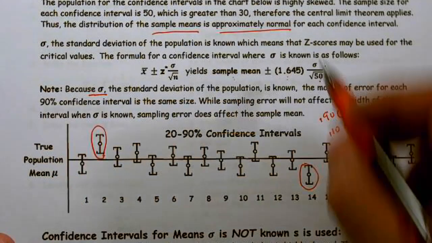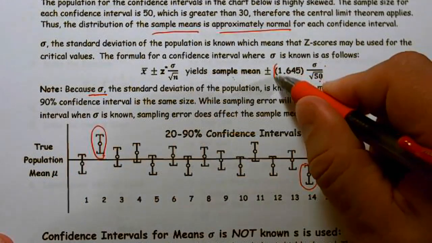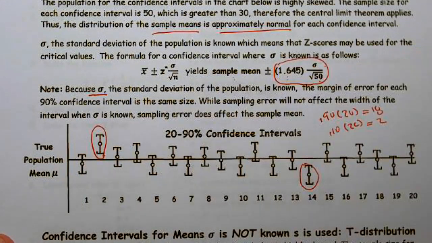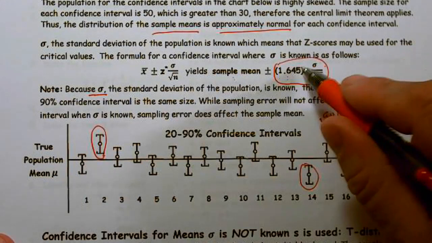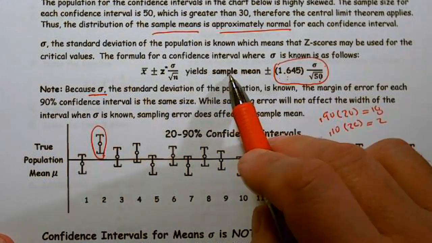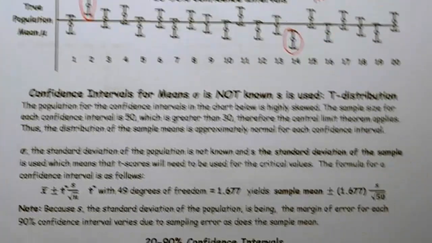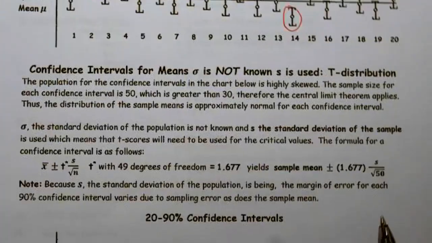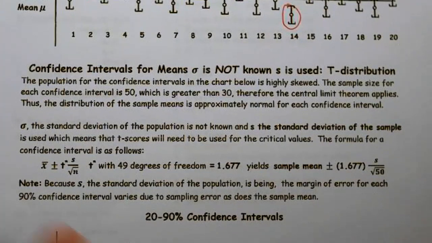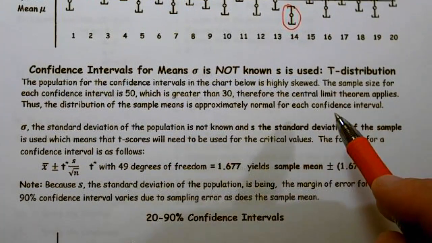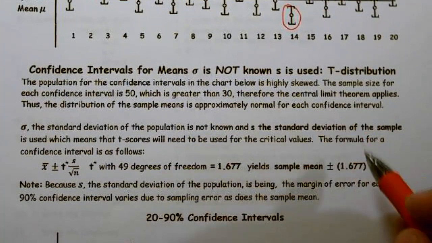So in this case, please remember, when we're working with a z, we knew all these values, so this part's constant, so the only part that's varying is the sample mean. When I get over to running a t distribution, we don't know the standard deviation. And by the way, this is the same scenario, except we're using the standard deviation of the sample.